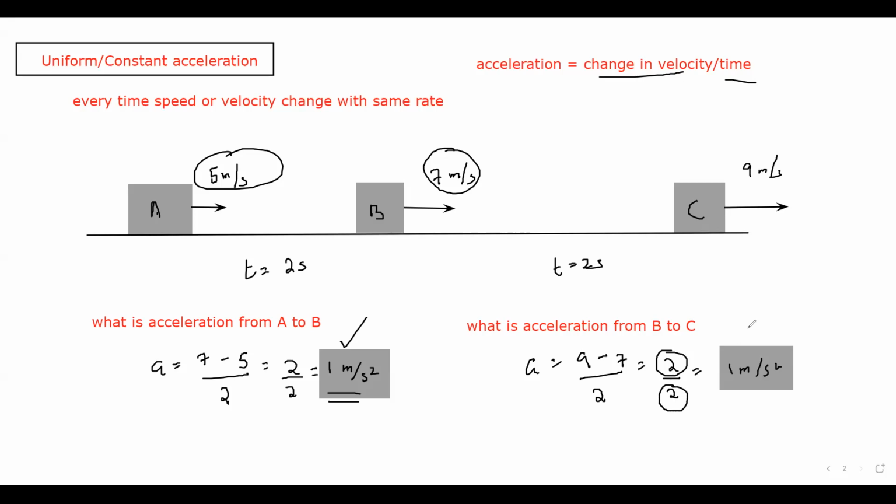So 2 divided by 2, again you will get 1 meter per second square. So it means this object's speed is changing, but acceleration is constant, or uniform acceleration.